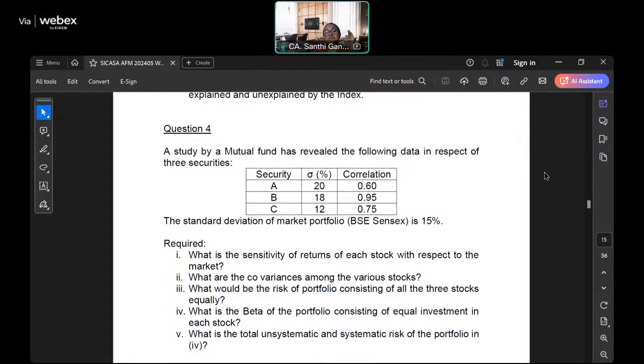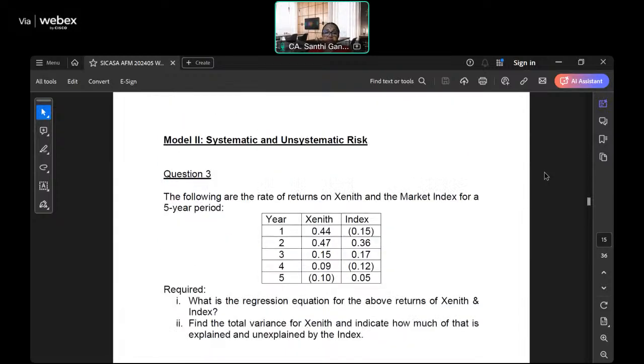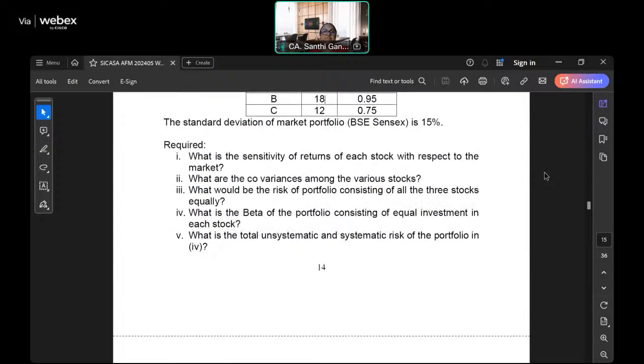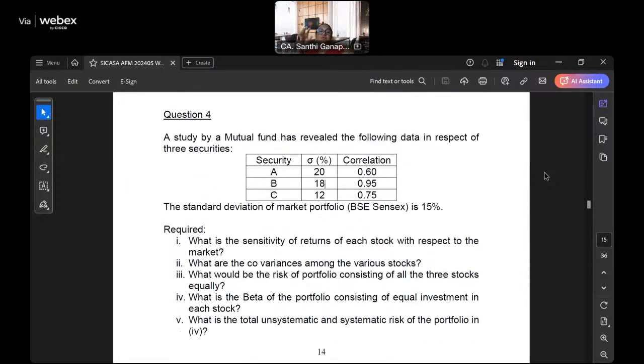What is the beta of the portfolio consisting of equal investment in each stock? What is the total, unsystematic and systematic risk of the portfolio? So, problem number 3 is about total risk, unsystematic risk, and systematic risk of a security. Problem 4 is about total risk, systematic risk, and unsystematic risk of a portfolio.